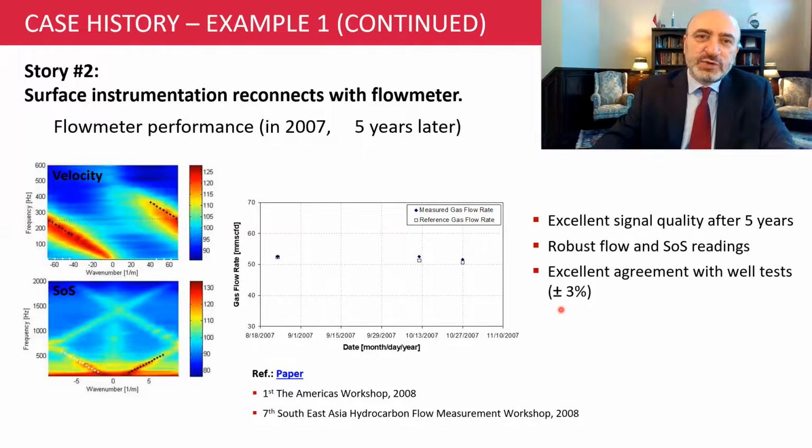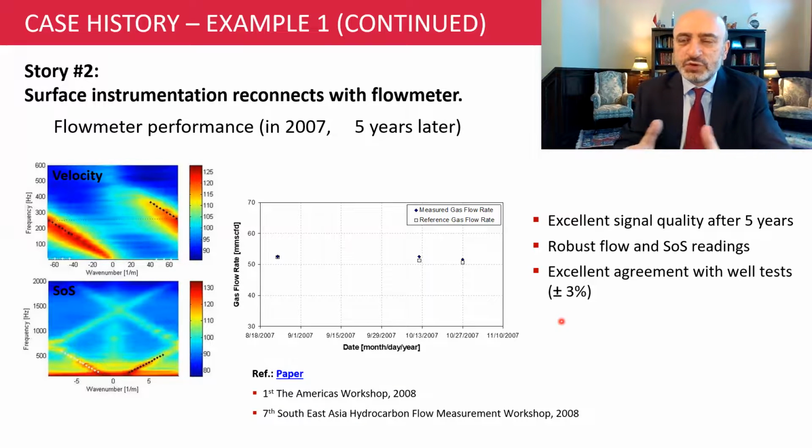In the second story, what we see is the longevity of the optical monitoring systems. After many years of operation and perhaps a year or so of disconnect from the topside instrument to the flow meter installed downhole, when we reconnect these two, we can see that the signal quality is there.